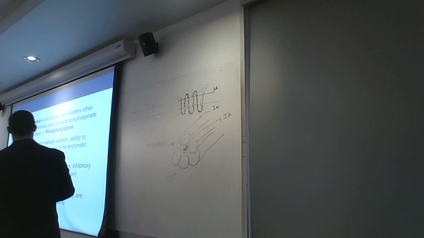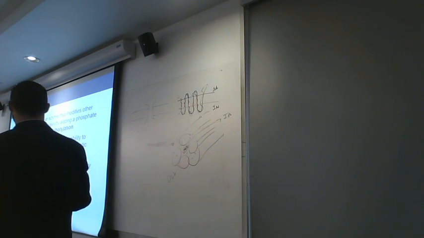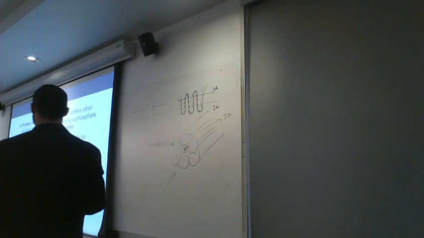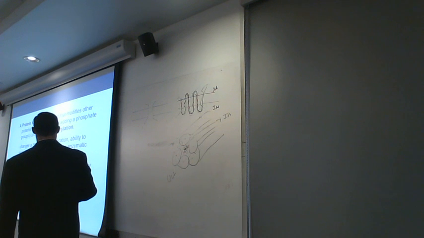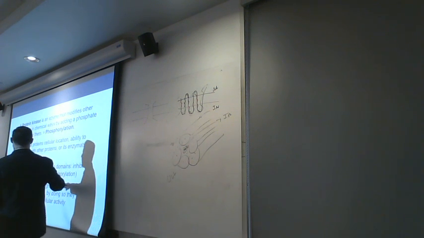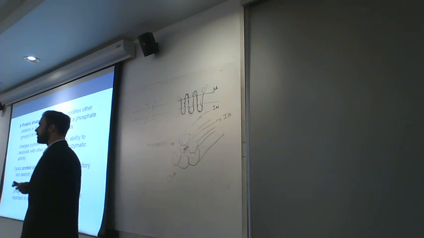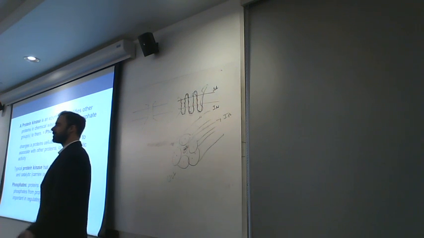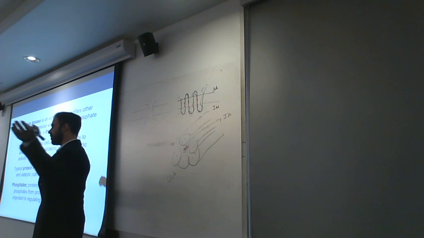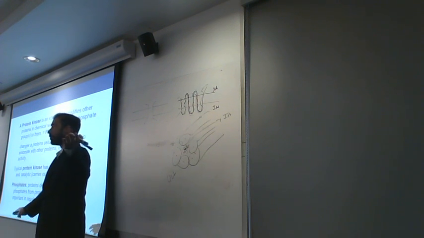Then I mentioned phosphatases, which basically do the opposite: they remove the phosphates from a protein instead of adding them. So very simple. Kinases are adding them. Phosphatases are removing them.